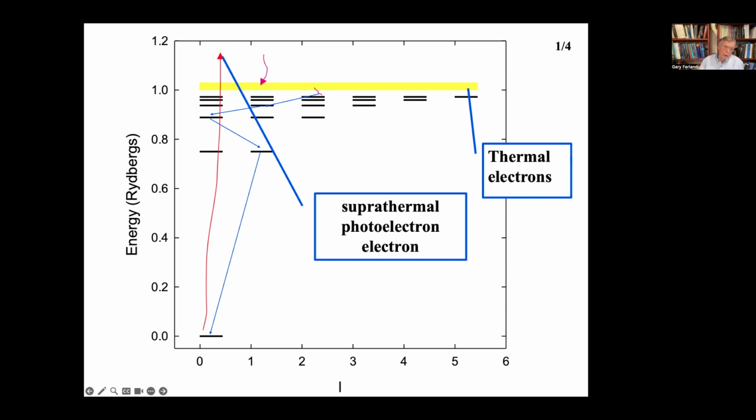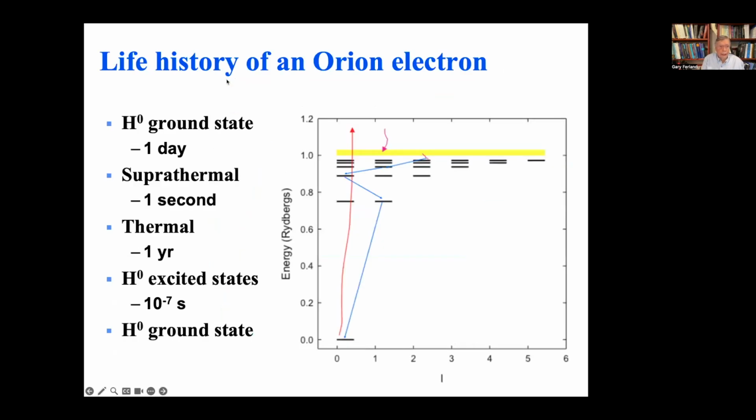This photoelectron has a great deal of energy and in some literature is referred to as a superthermal electron, meaning much more than thermal energy. That's the new heating going into the gas.